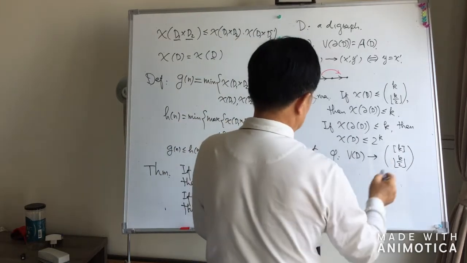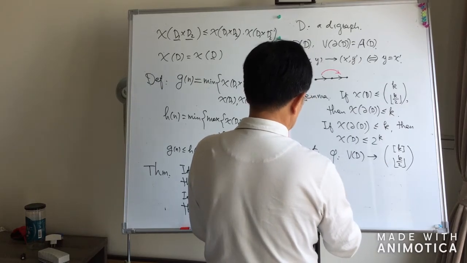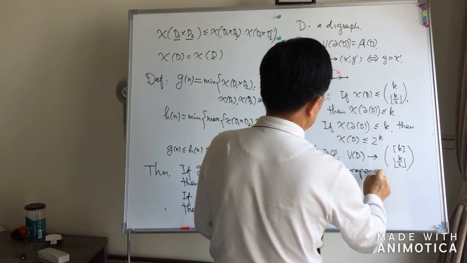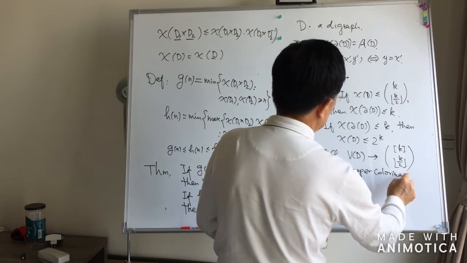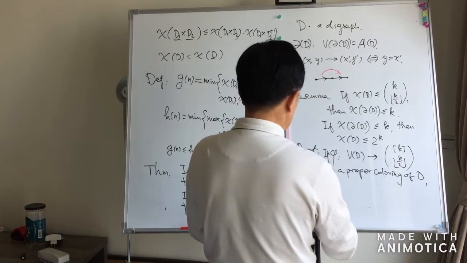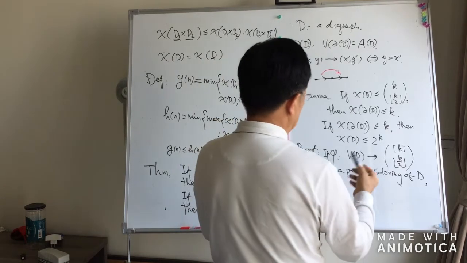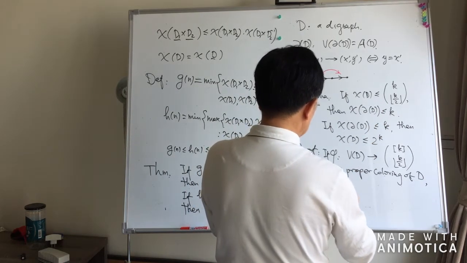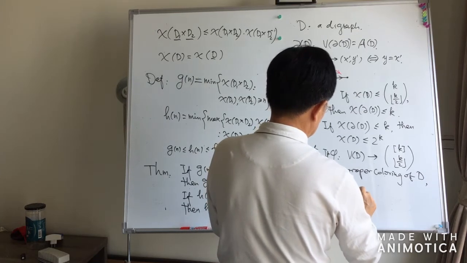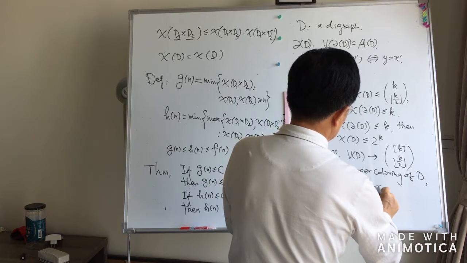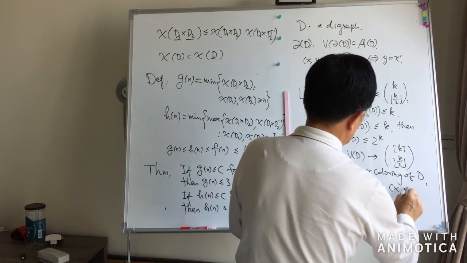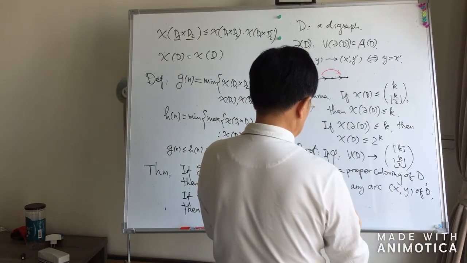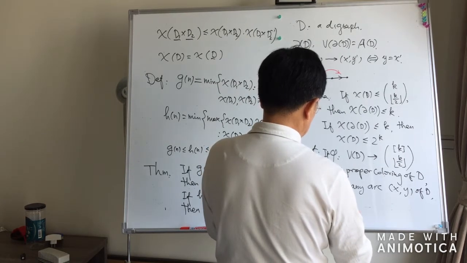So if this is a proper coloring of D, then I can define the coloring of this line graph by K colors as follows. For any arc xy of D, we define a coloring, let's call it capital Phi.